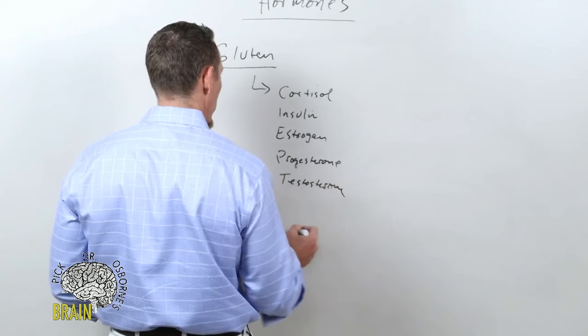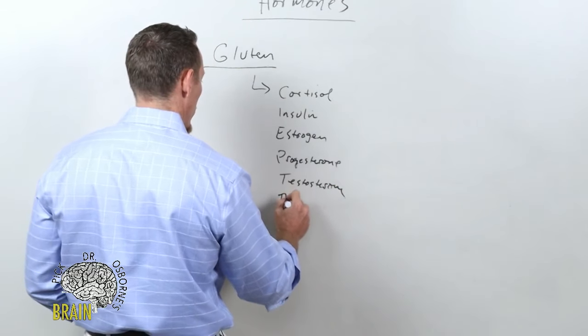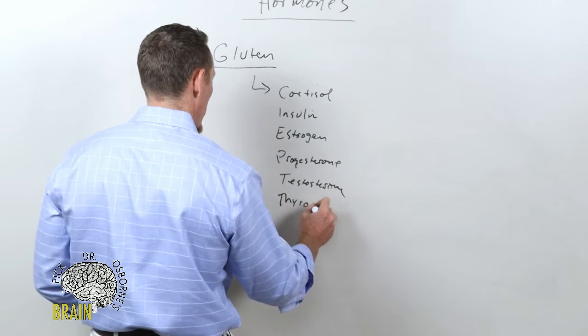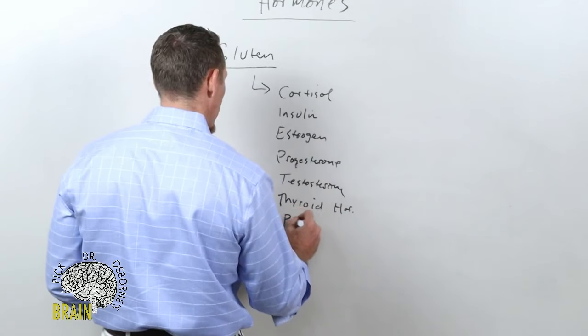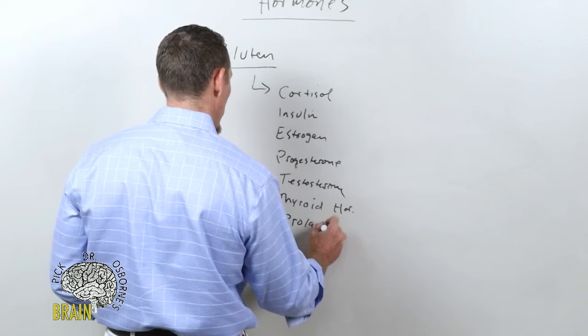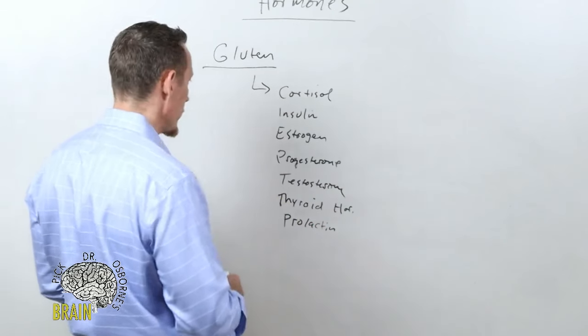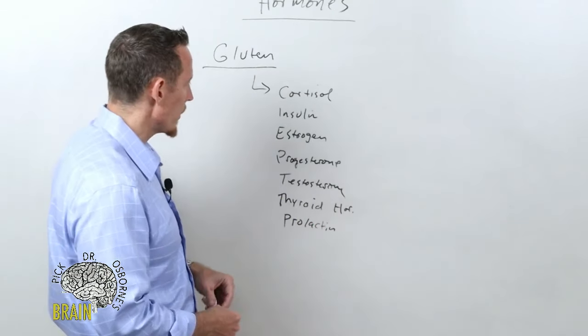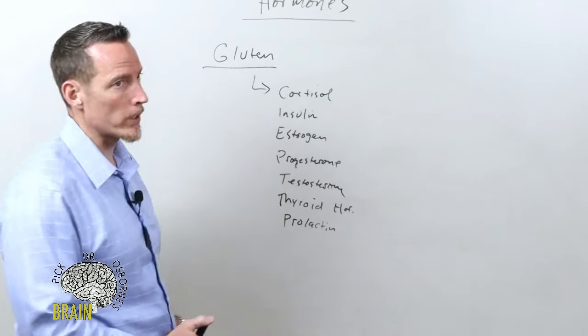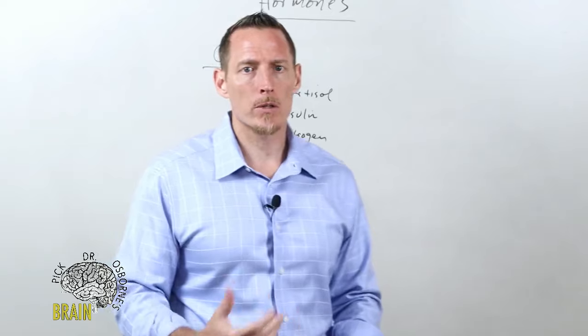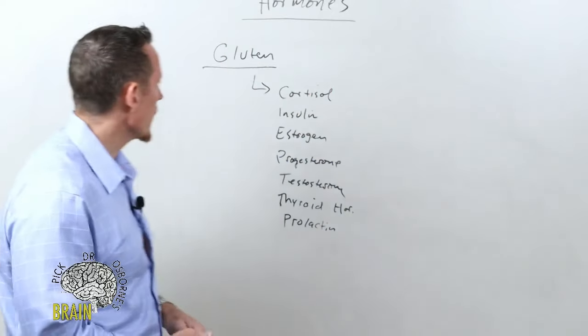It can affect your thyroid hormone. It can affect prolactin. So this is the list I'm going to go off of tonight. Now, there are more hormones than these ones I've got listed here, and we certainly could dive deeper into more, but I want to stick to some of the core ones, because these are some of the bigger ones that we'll see creating a problem. So let's talk about it.